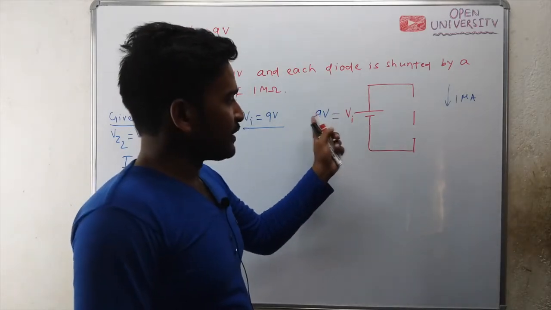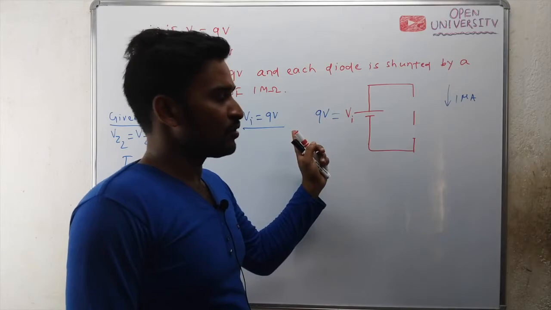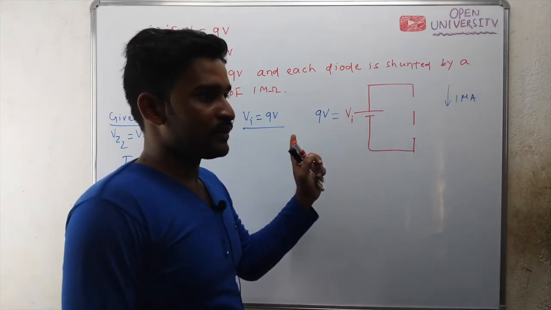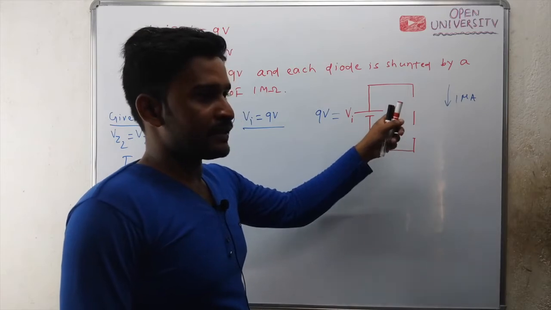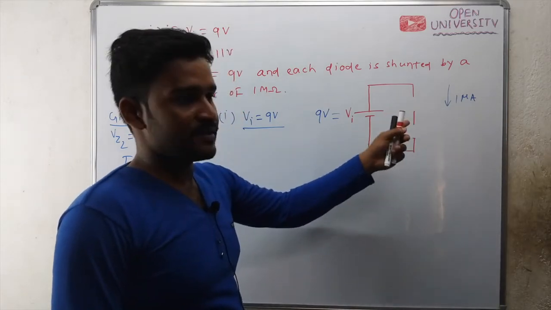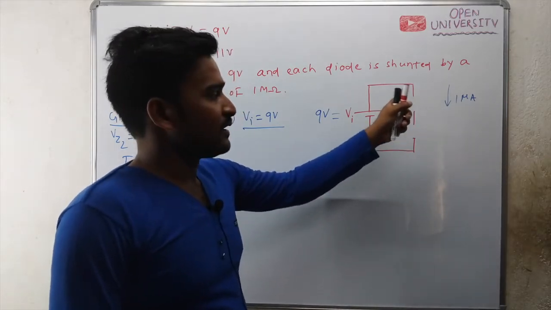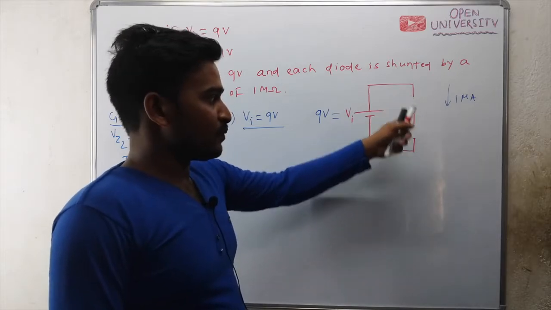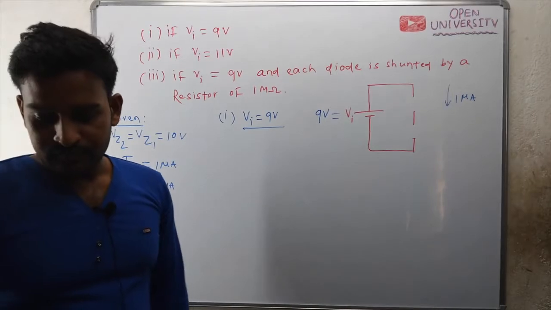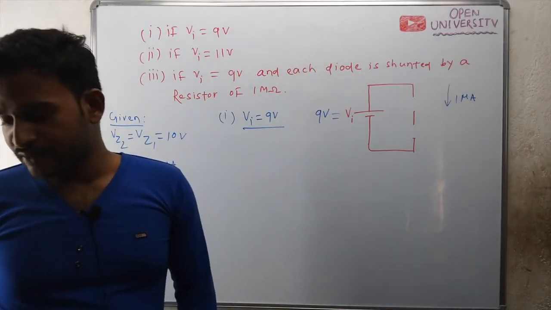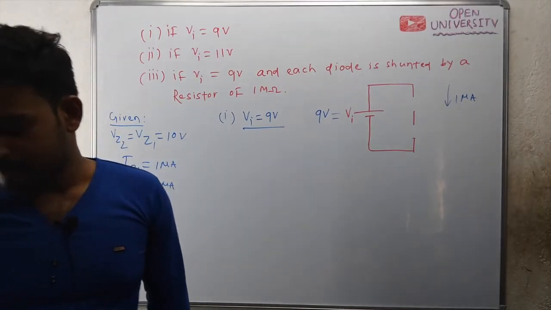But here the input voltage is less than 10 volt, that means no diode will be in breakdown. So both the diodes will be in off condition because they are reverse biased.